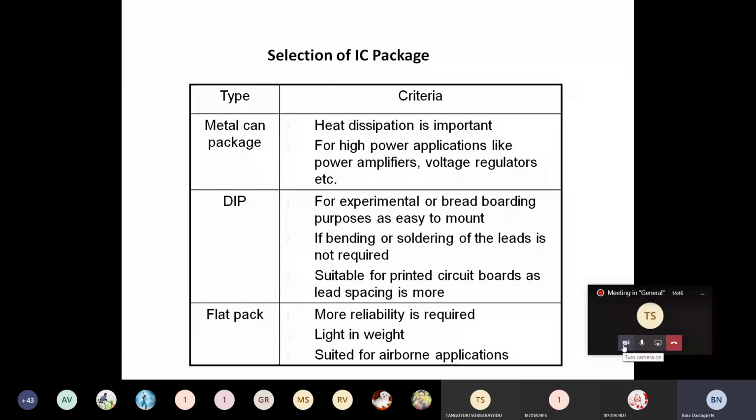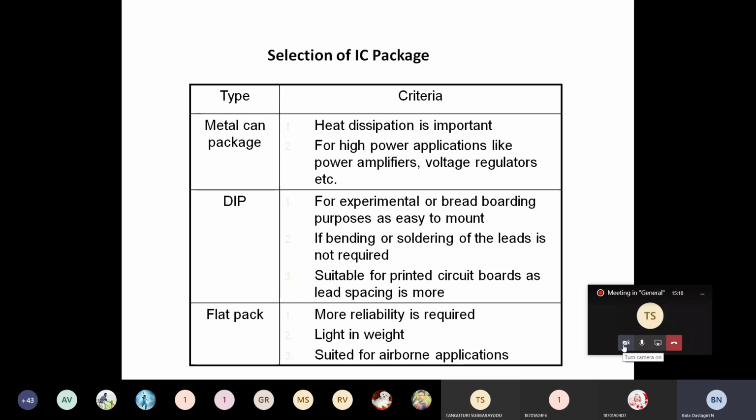If heat dissipation is important, we can use the metal can package for high power applications like power amplifiers, voltage regulators, etc. For this type of applications, the ICs we are using will be packed by using the metal can package.